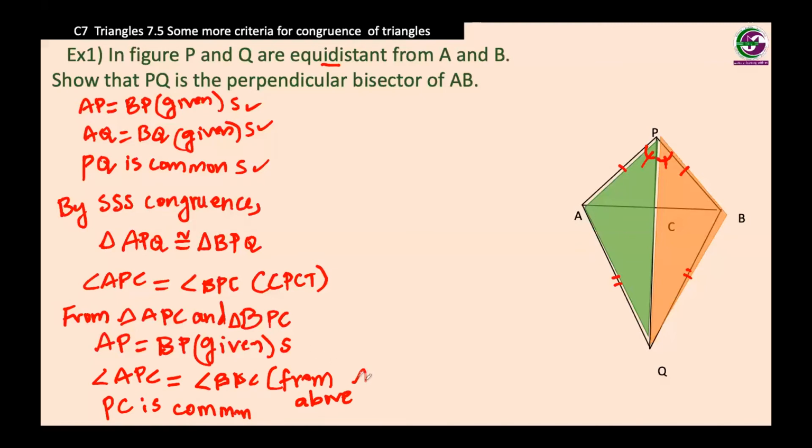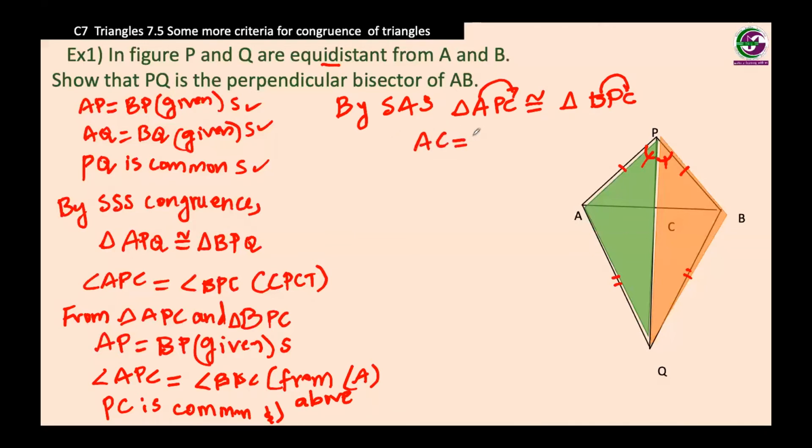So we have one side, one angle, and another side. So by the SAS congruence rule, triangle APC is congruent to triangle BPC, which means AC is equal to BC. What is the reason? Corresponding parts of congruent triangles are equal.